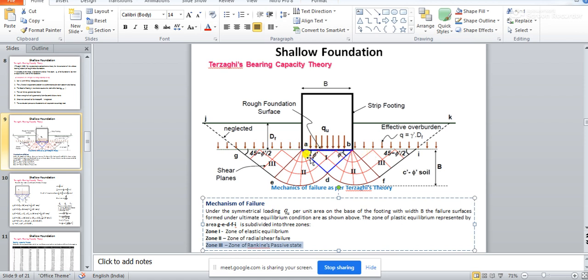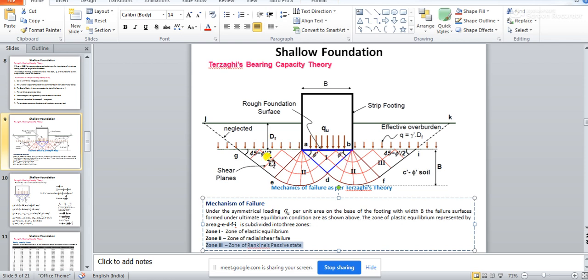That means you are going to get an isosceles triangle. So you are going to get this side and this side exactly equal, because the angle made by this triangle shaped zone of elastic equilibrium will be exactly equal to the angle of internal friction.